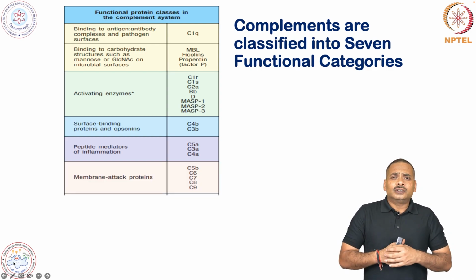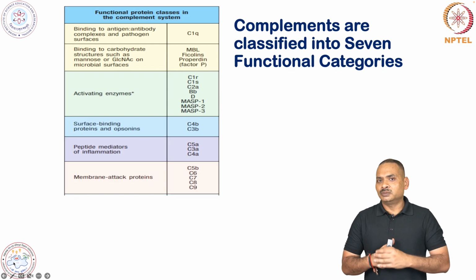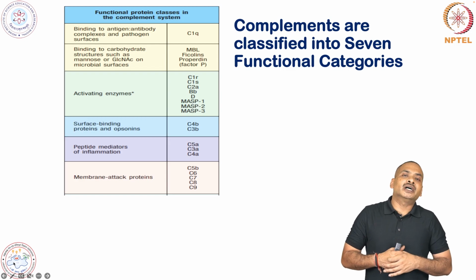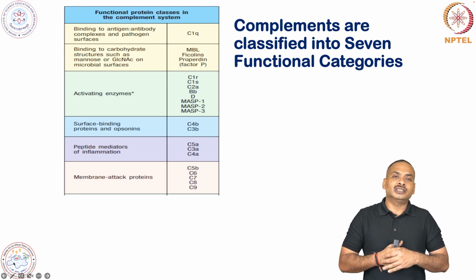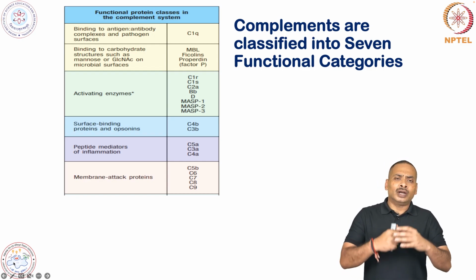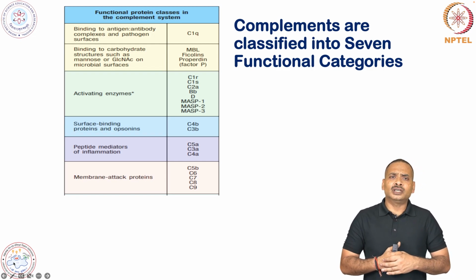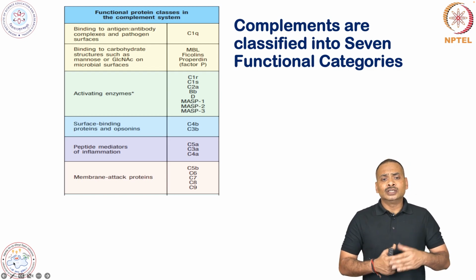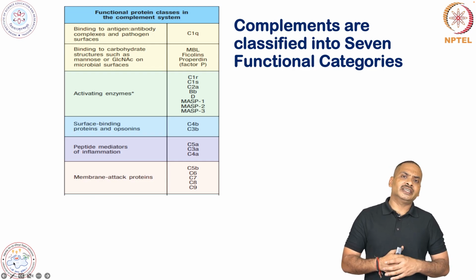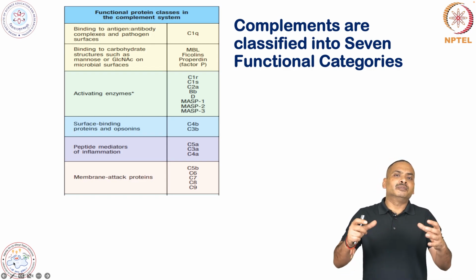The outcome of complement activation, I told you, is lysis. Okay, one of the outcomes is lysis. This lysis is mediated by one protein complex which we call the membrane attack complex. Okay, and all those complements involved in making this complex, we call membrane attack proteins. So all these molecules like C5b, C6, C7, C8 and C9 make up this membrane attack complex.